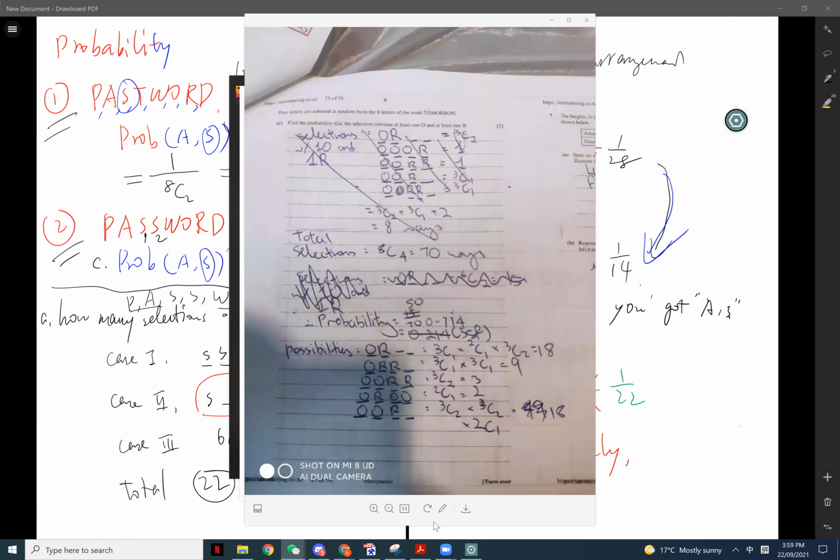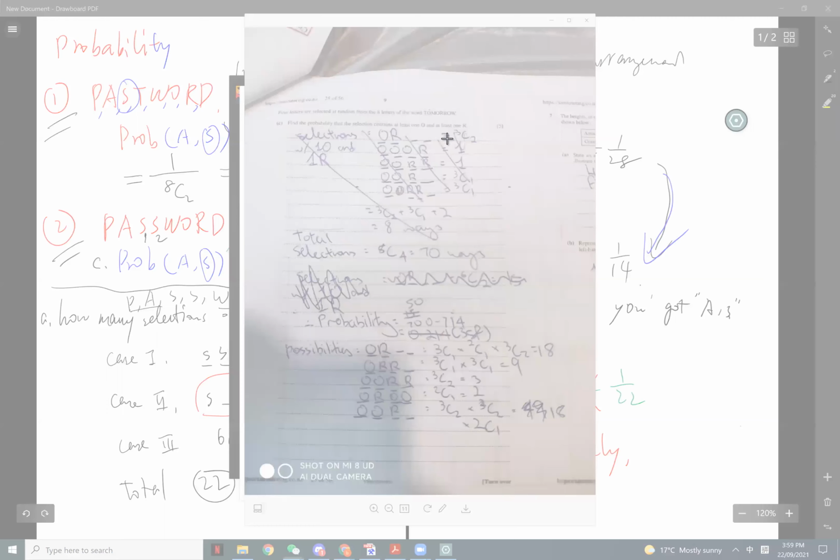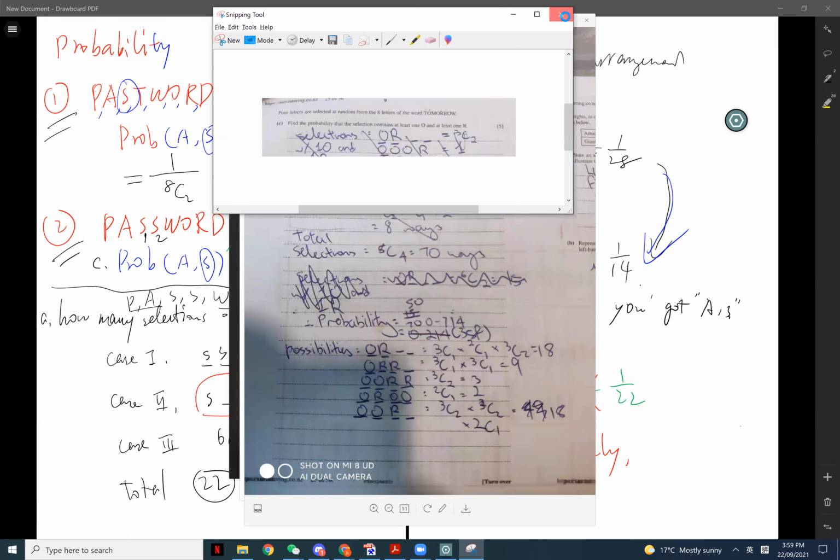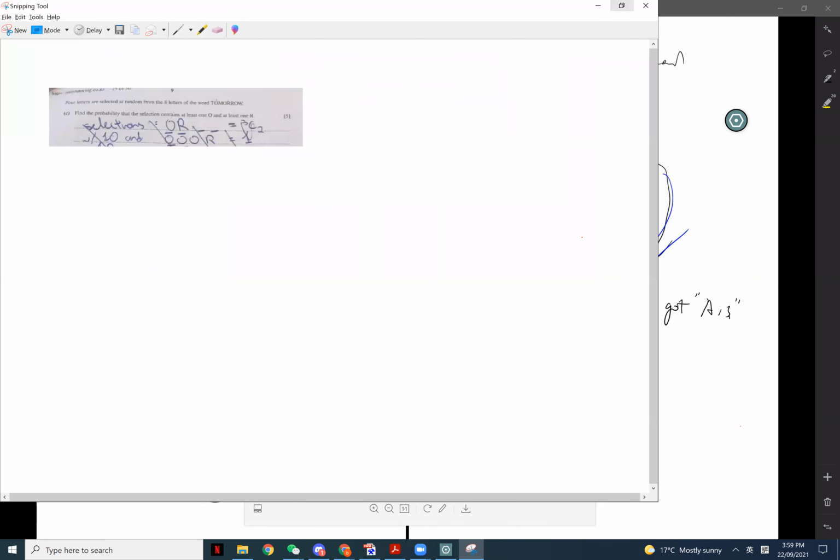This question is from past paper. Check the question. We choose 4 letters from 8 letters.